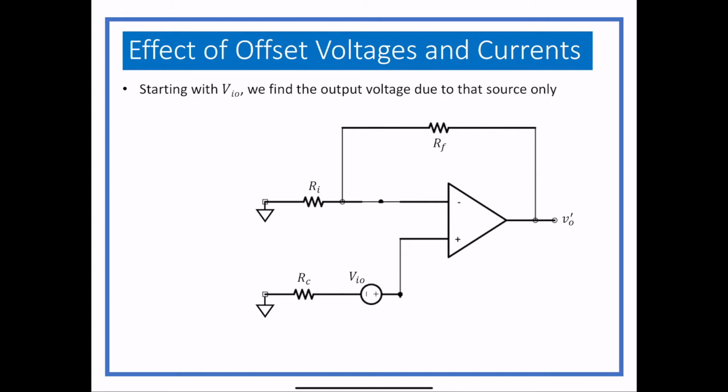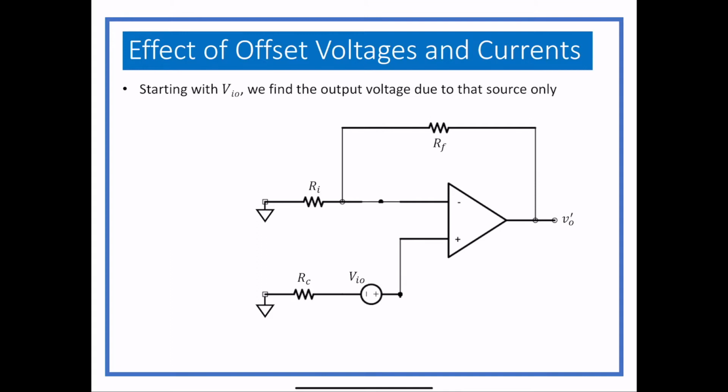And now what you get is a non-inverting op-amp circuit. The voltage right at the input is going to be VIO, and RC, does that have any effect on the circuit right there?